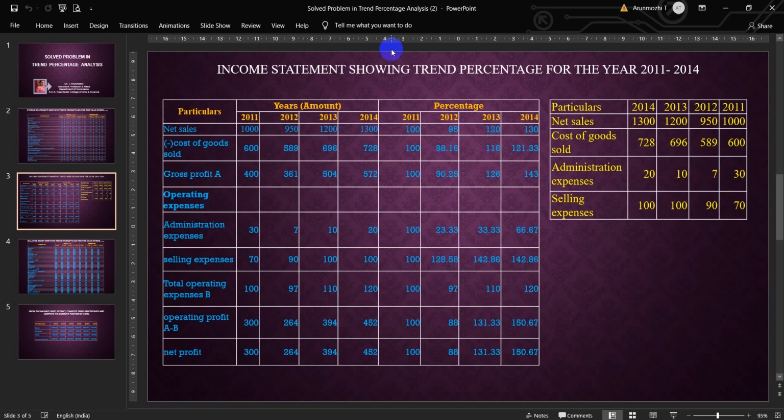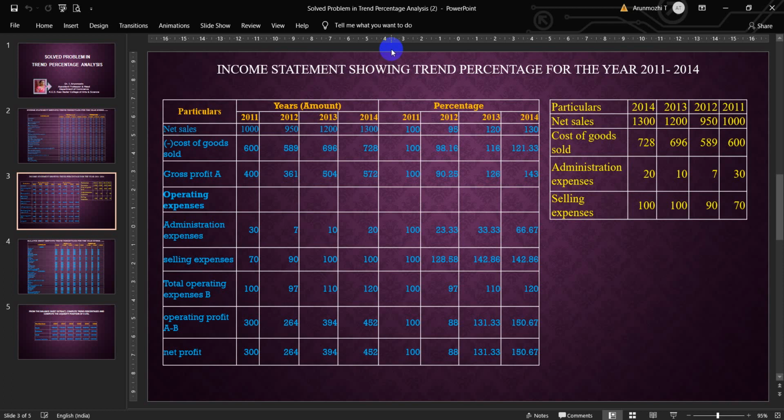Next, the operating profit, that is A minus B. Your A column for the 2011 year is 400. For the operating profit, 400 minus operating expenses B, which is 100, A minus B, 400 minus 100, you get 300. 361 minus 200 and minus 97, you get 264.